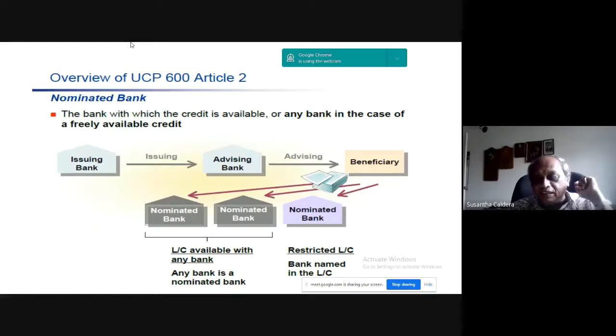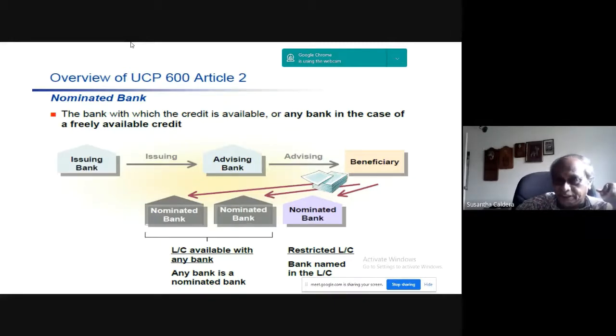We advise this authenticated LC. If it were unauthenticated, normally the advising bank will not advise at all. As per the advising bank's responsibility, they can go back to the issuing bank saying that we are not going to advise, it's unauthenticated. So the stamp is there on the original LC, on the beneficiary's original copy: this authenticated LC.